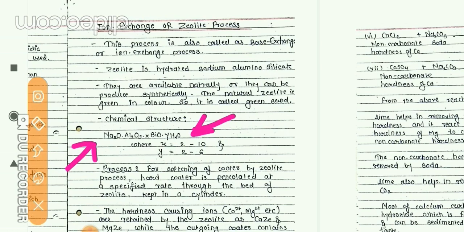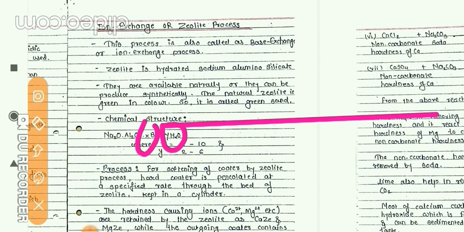Then the alumino part means Al2O3. Silicate means SiO2. So hydrated sodium aluminosilicate is the zeolite. Again we can see here, this is the x SiO2 and this is the y H2O.